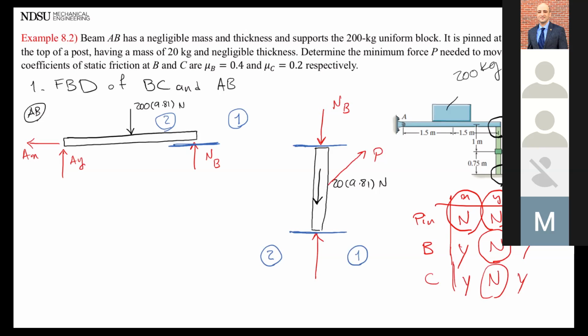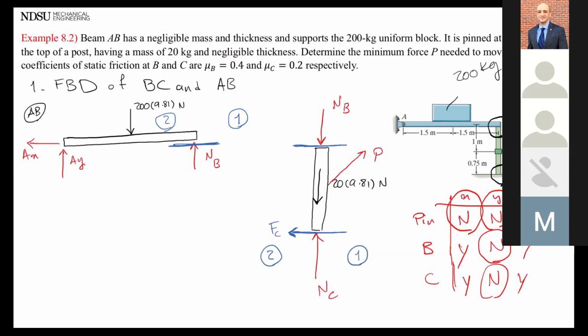Why 2? Because the active force is pulling it the opposite direction. Friction is opposite of movement, and the movement is to the right, which is number 1. So the friction should be opposite of that. All right, so let's call this FC, and let's call this NC.